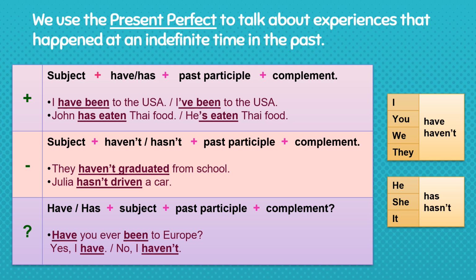If it's a negative sentence, we start with the subject, haven't or hasn't, then the past participle verb, and the complement. Like these examples. They haven't graduated from school. Julia hasn't driven a car.